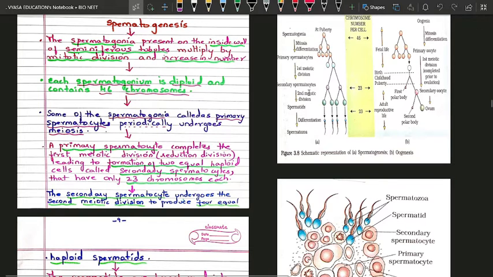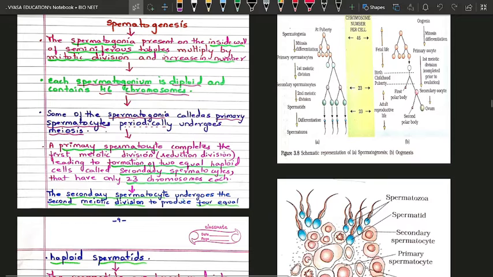Just remember, the spermatogonium is diploid. The secondary spermatocytes are haploid.